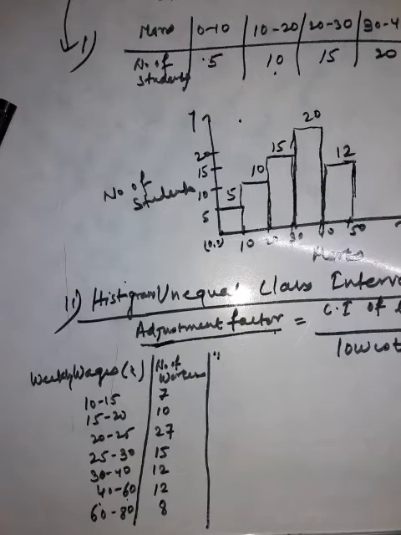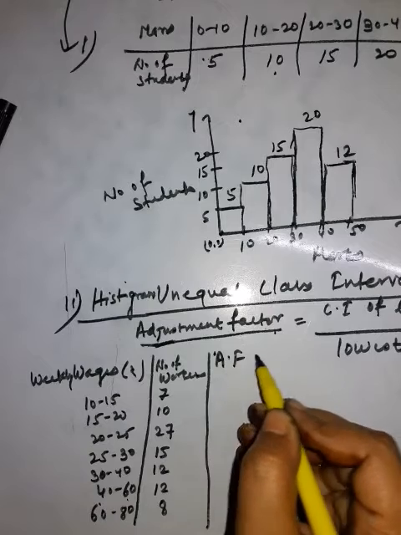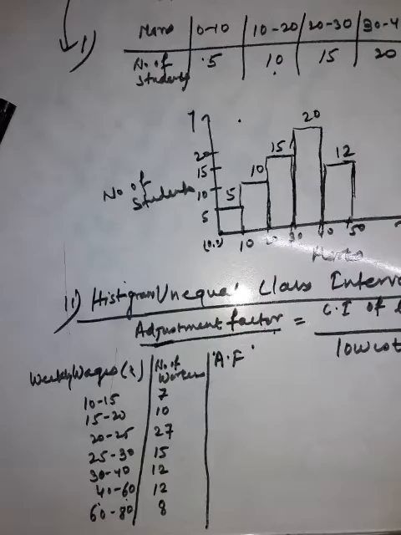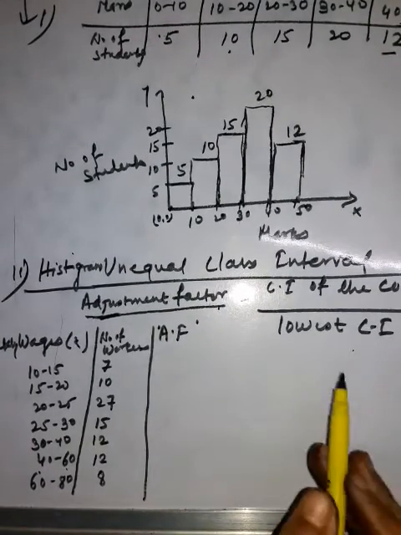I am writing here, that is adjustment factor, AF. How will we find the adjustment factor? As this formula shows, it is the class interval of the concerned class divided by the lowest class interval.